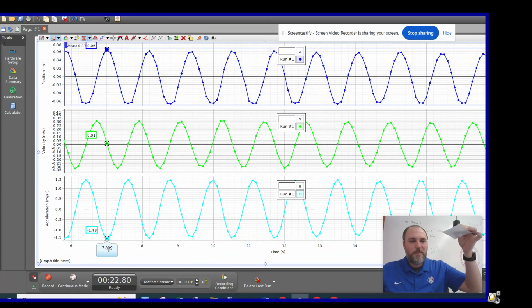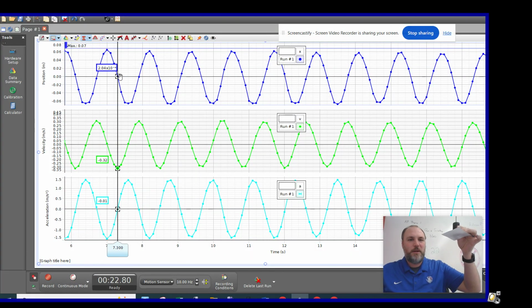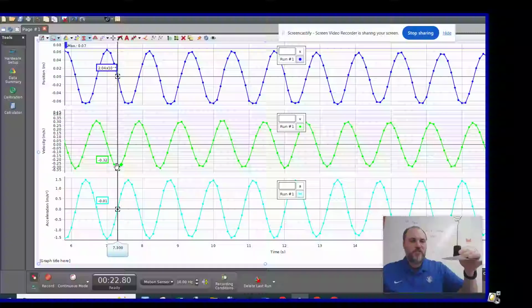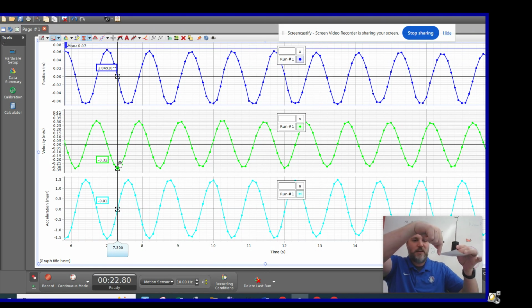And then as I'm passing through equilibrium, right here, I'm at my largest speed. It happens to be in a negative direction because it's traveling downward, and there's no acceleration there. Why? Because I'm at equilibrium. And remember that the net force is linear with respect to x, so x to the first power.